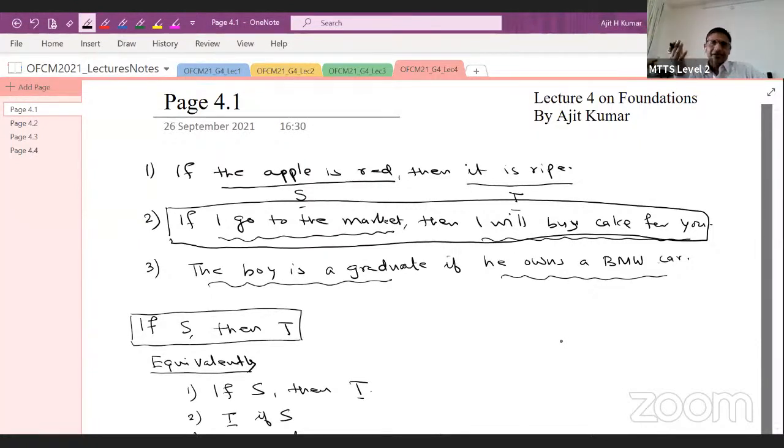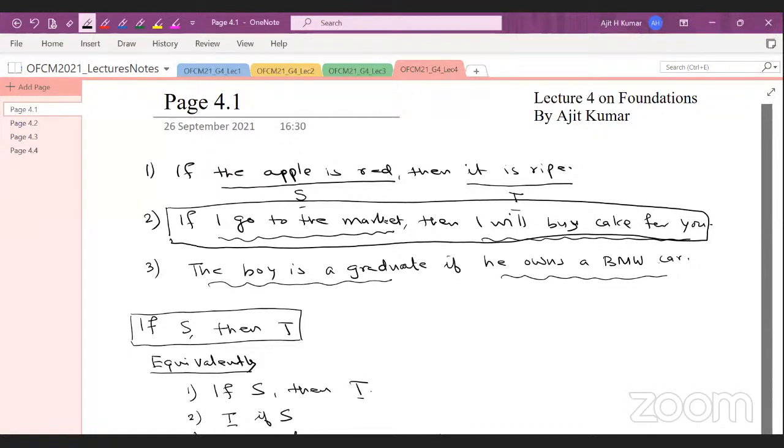What is the condition? If I go to the market, when will I buy the cake? There is a condition for that, right? Somebody from group 1? Iqbal?